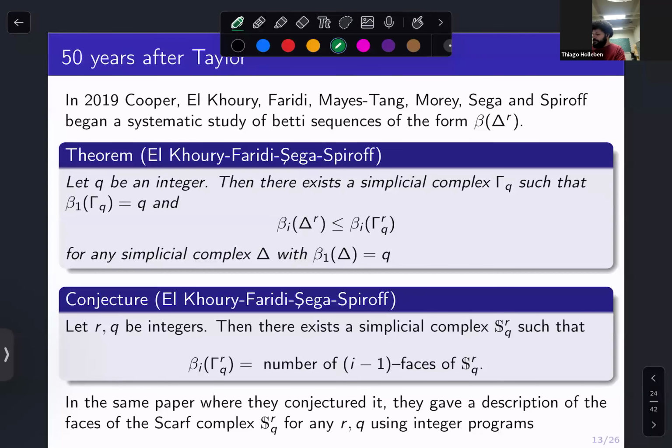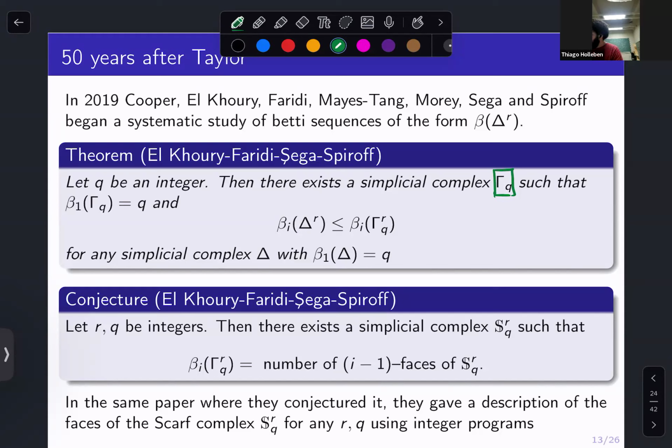And one paper from a couple of years later, it's very recent, I think it was published this year even, from a subgroup of the original people, says: if you have an integer q, then there exists a simplicial complex gamma q. This is the notation I'm going to use, gamma q, such that the beta 1 of gamma q is equal to q.